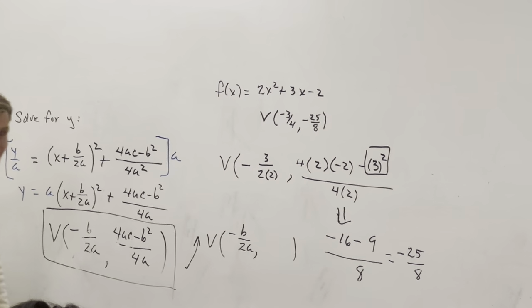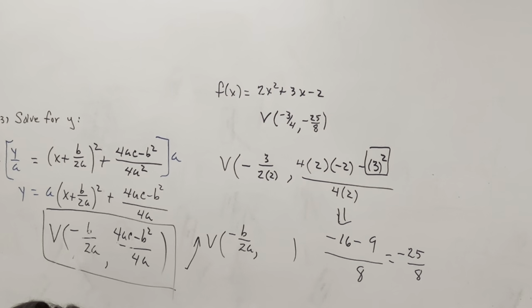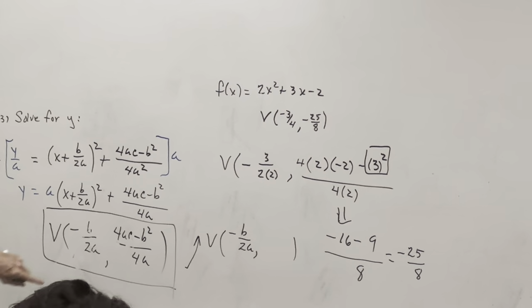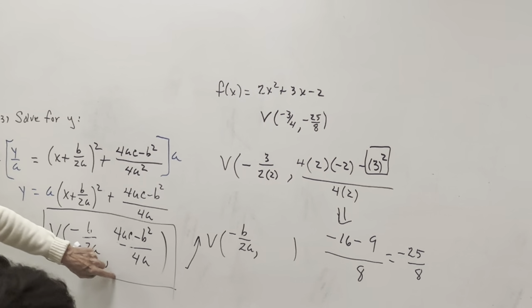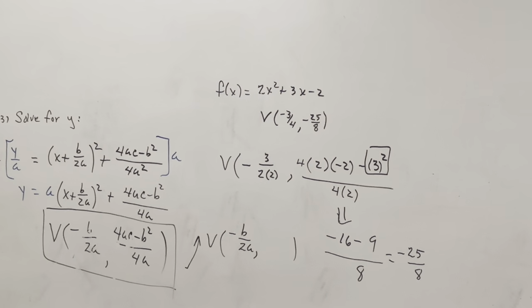Can anyone tell me what might be a bit faster to find negative 25 over 8, the y coordinate, and not use this formula? I like the formula myself, I can remember it. What might be another way to do it? That would be one less formula you have to memorize. Yeah, there you go, tell me again.